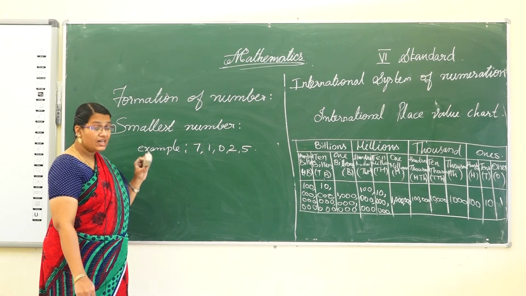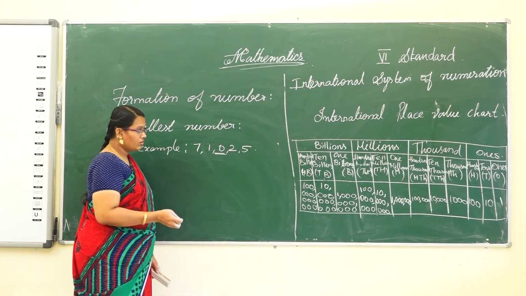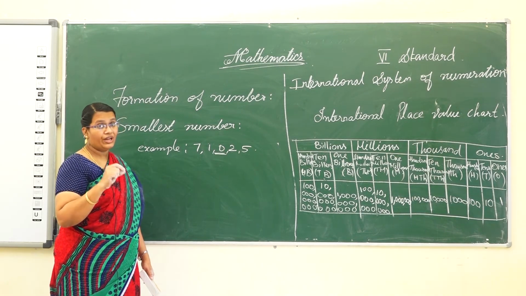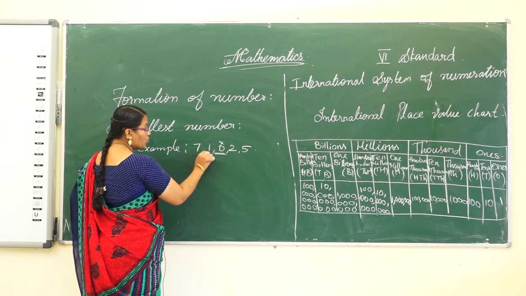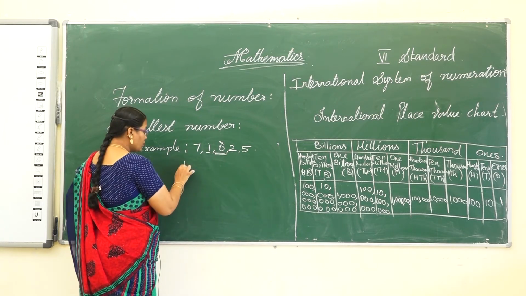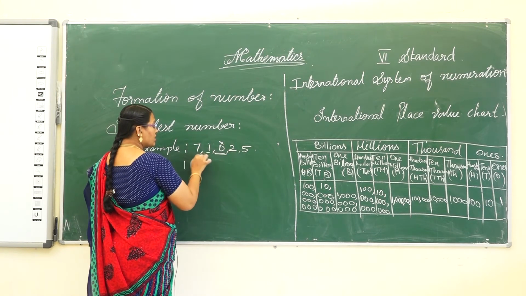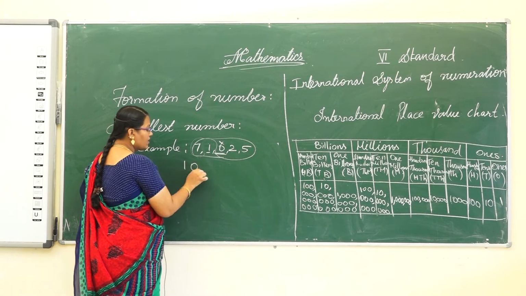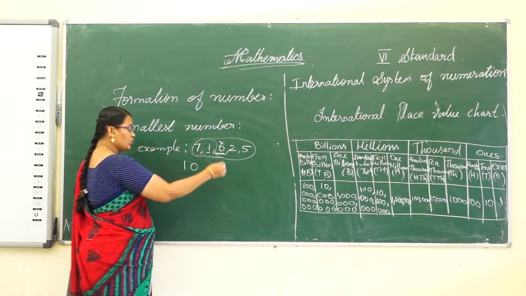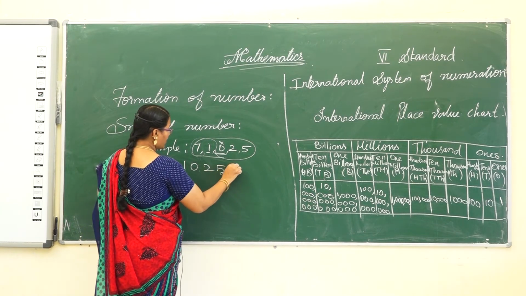The first digit is 0, but 0 is not valid at the front of a number, so we do not consider it there. The next smallest digit is 1, so write 1 first. After that, put the 0 in this place, and then 2, 5, 7.